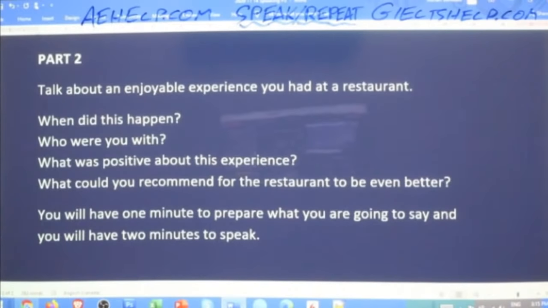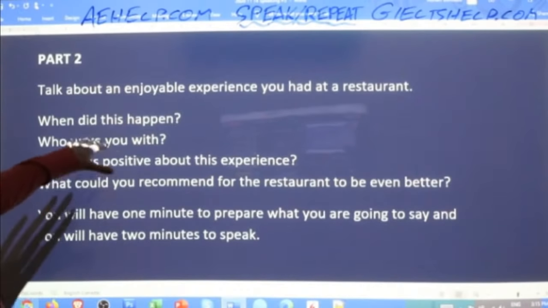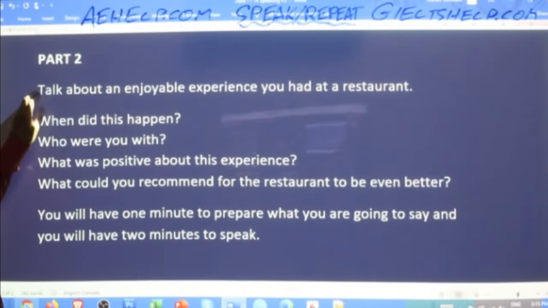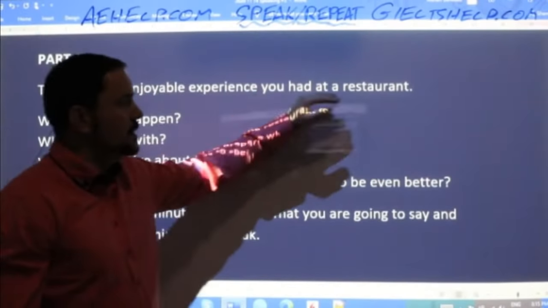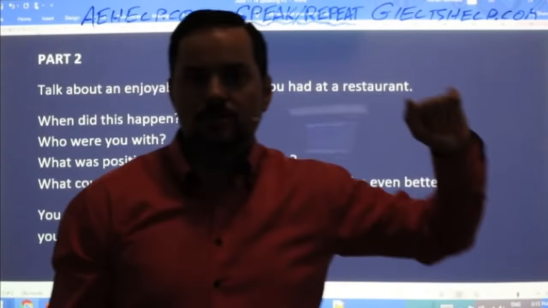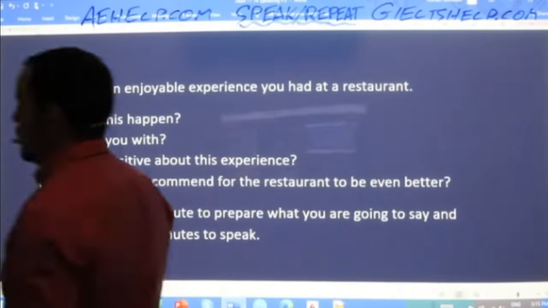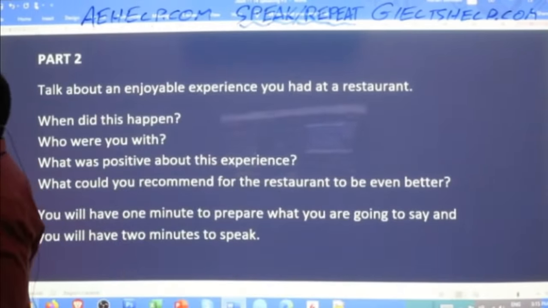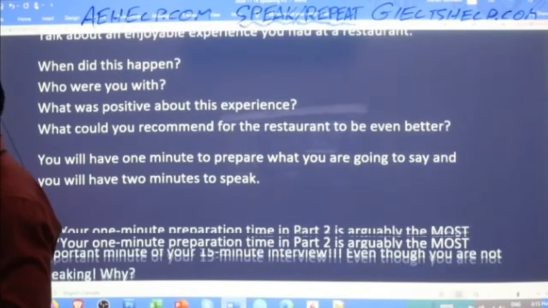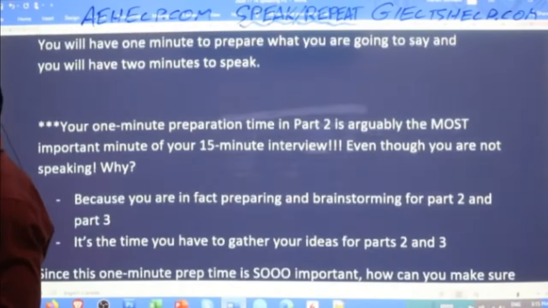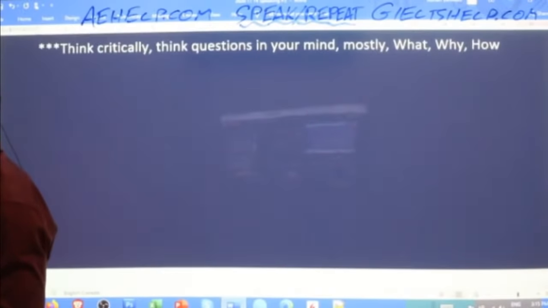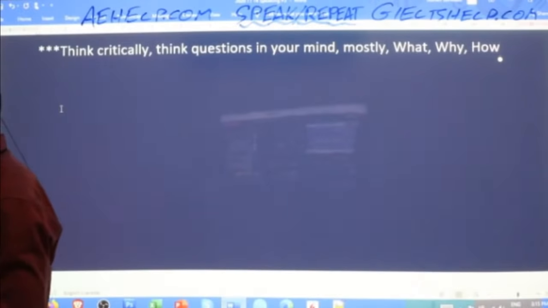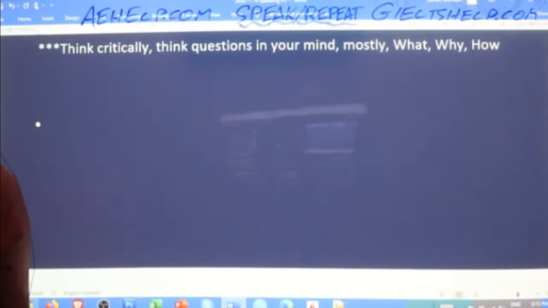We read that, we're picturing that, we're thinking about that, and when we read this topic sentence again, talk about an enjoyable experience you had at a restaurant. It's really important to do this because if you speak off topic, you're going to get a low mark in the speaking section. Once you've done this, you have to identify the category.